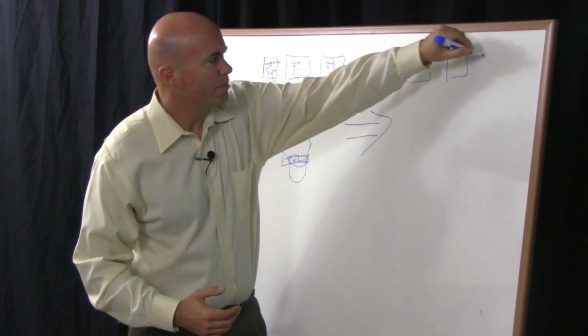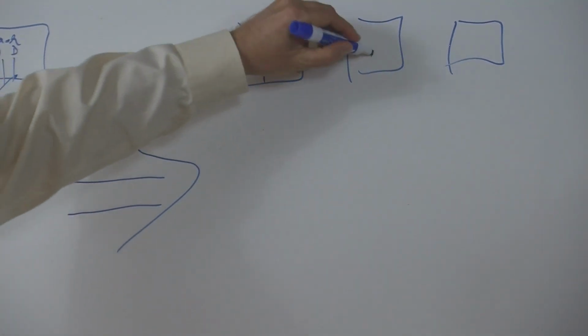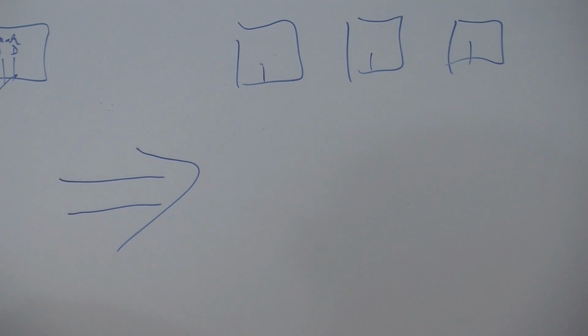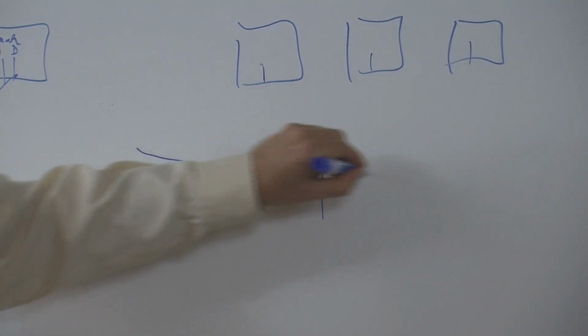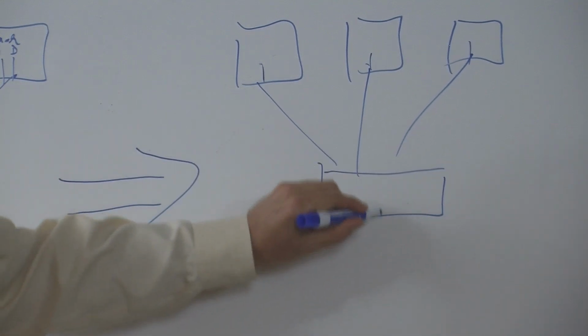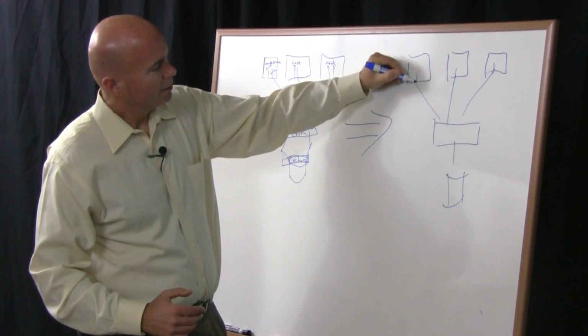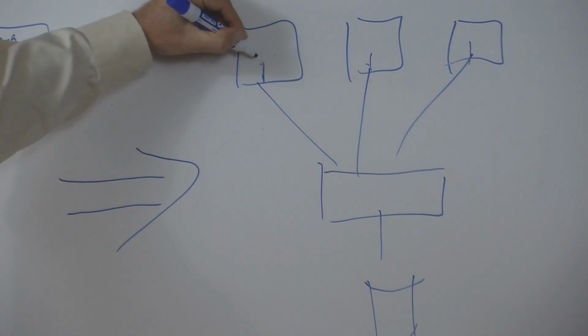What we could end up with here is the same set of servers, and then a single HBA that's still on a SAN, but instead the memory is actually on this HBA, if you will.